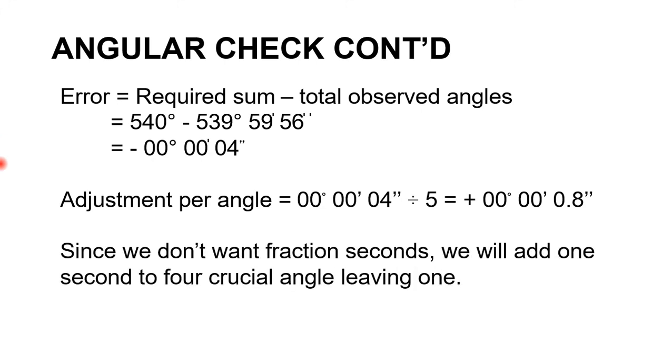But since we do not want fractional seconds, we just look at 4 crucial angles. So we are going to add 1 second to 4 crucial angles, those angles that we think we might have problems in observing, especially the angles that are acute, which are sometimes difficult to observe. So those are the ones that will be considered for adding a 1.